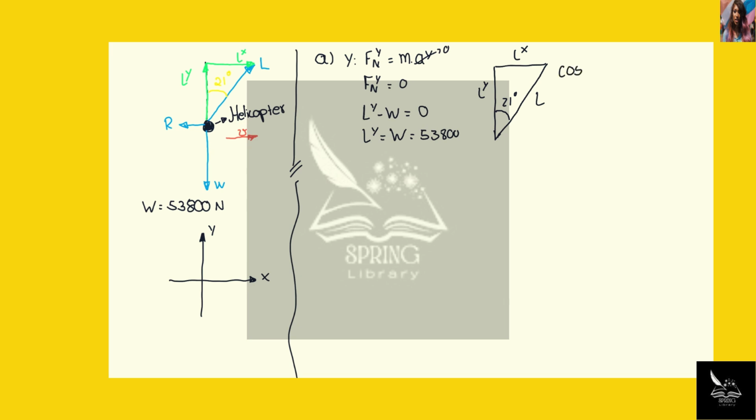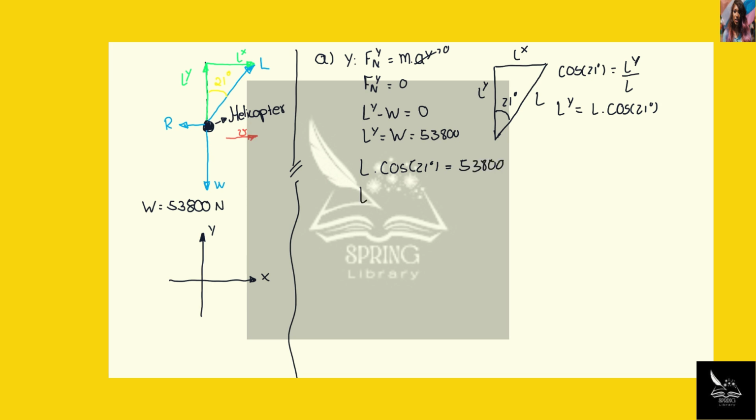The cosine of 21 degrees is equal to the adjacent side of that angle, so L component y, divided by the hypotenuse L. Therefore, Ly is equal to L times the cosine of 21 degrees. Therefore, L times the cosine of 21 degrees is equal to 53,800.